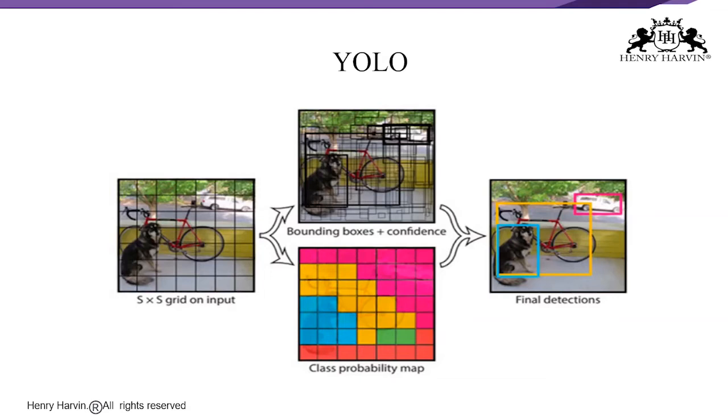So how does it solve this problem? It frames object detection in images as a regression problem to spatially separated bounding boxes and associated class probabilities. A single neural network divides the image into regions and predicts bounding boxes and probabilities for each region.